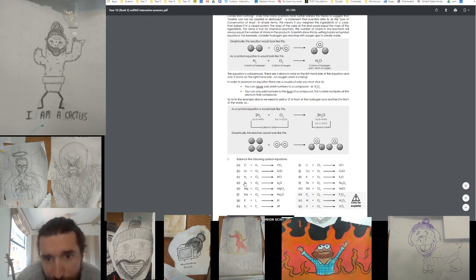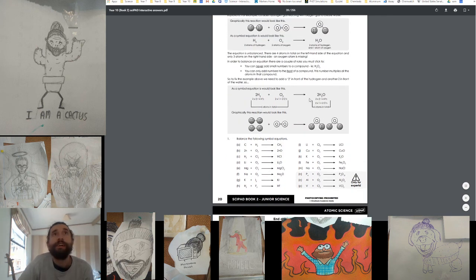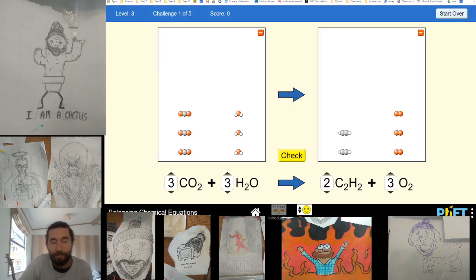So for balancing the following symbol equations, you are just going to be putting some numbers in front of these symbols. Yeah, so I'll let you do that page on page 20. But before you do page 20, do this game, which will be on YouTube.